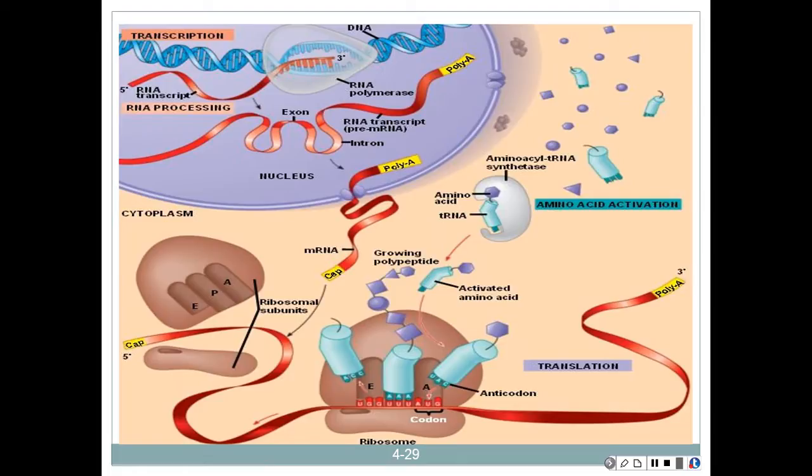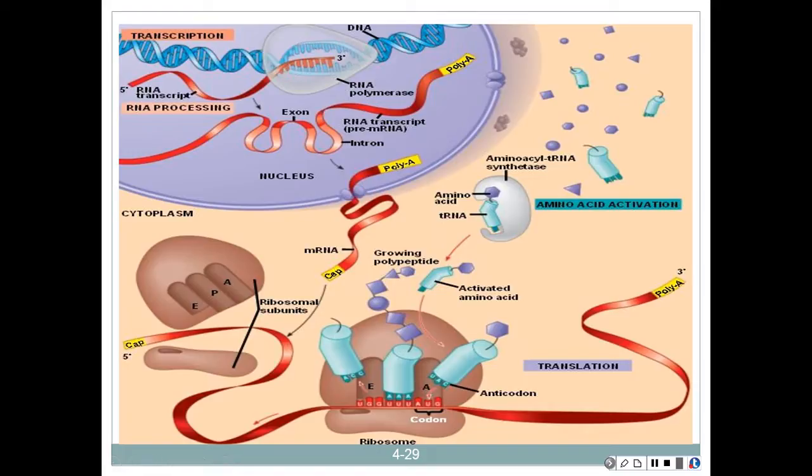Alright, so the ribosome is going to slide down to read the next codon, which shifts the initiator tRNA without the amino acid to the E site, where it's going to leave the ribosome.